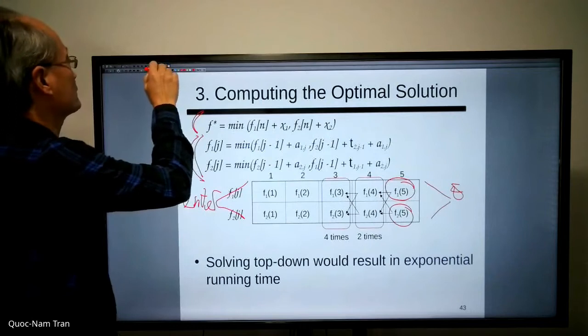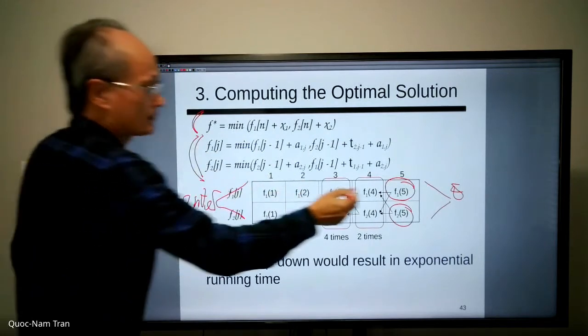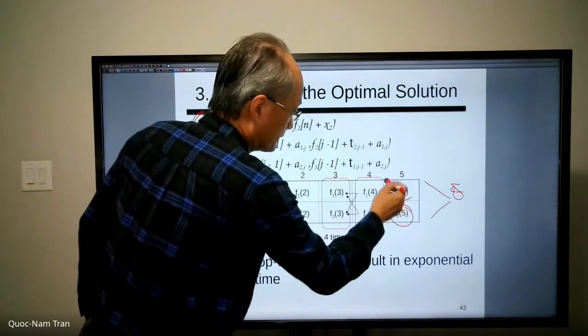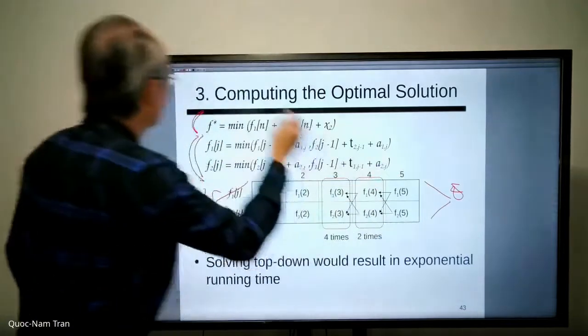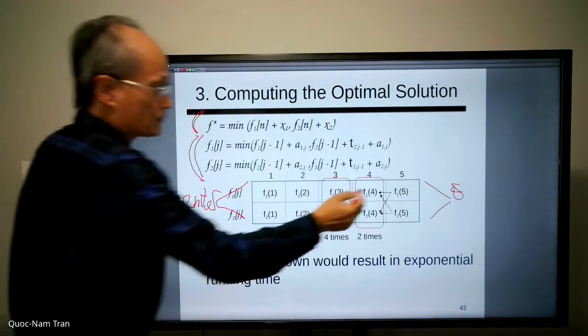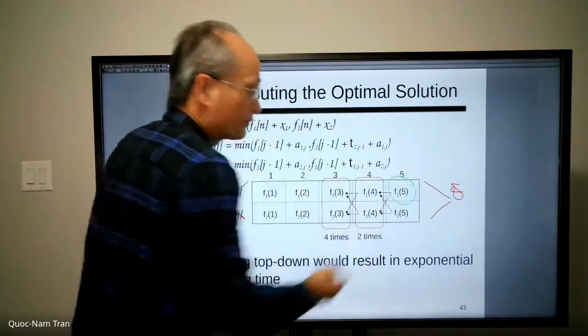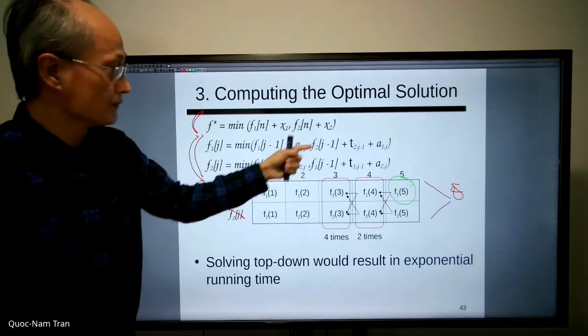And let me choose a different color. Okay. So first we have to calculate F15, following the recursive algorithm, right?